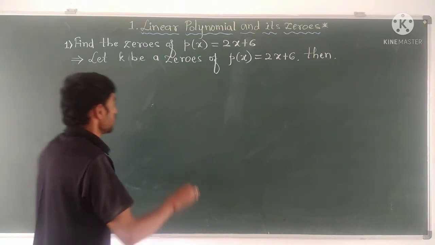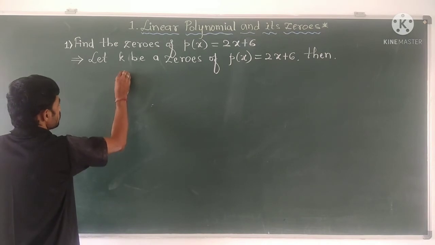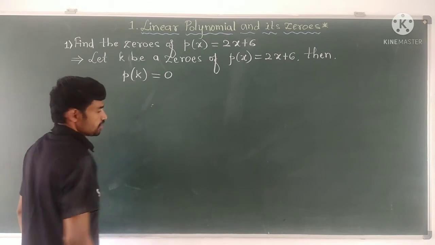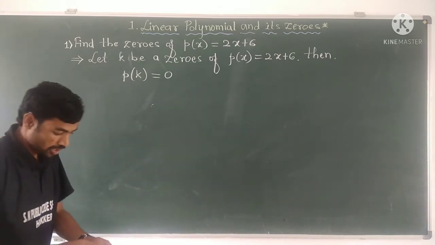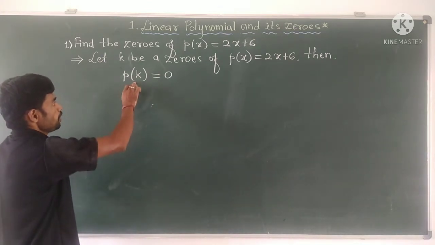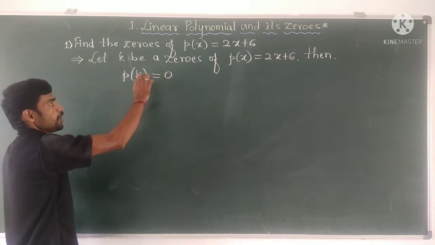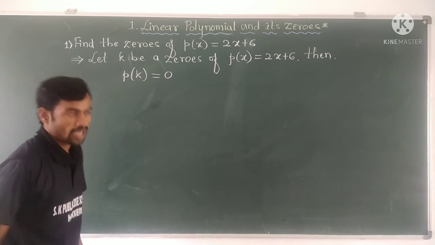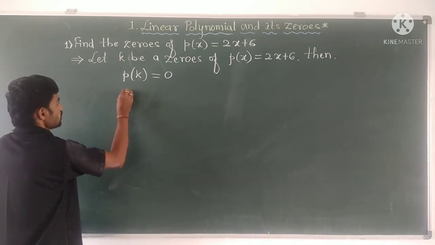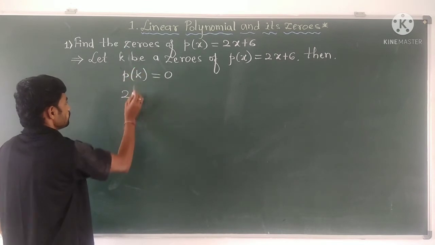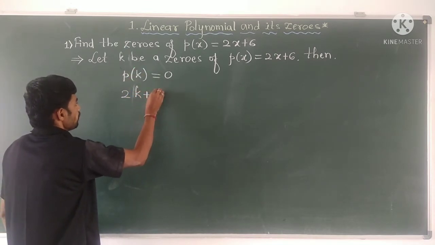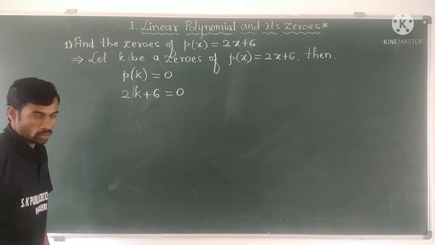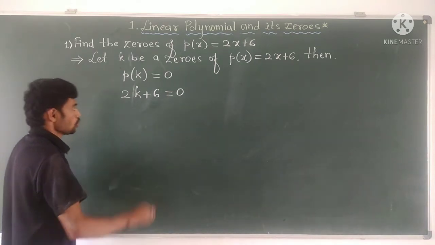That is p of k should be equal to 0. In place of x, we write k. Very good. That is 2k plus 6 must be equal to 0.